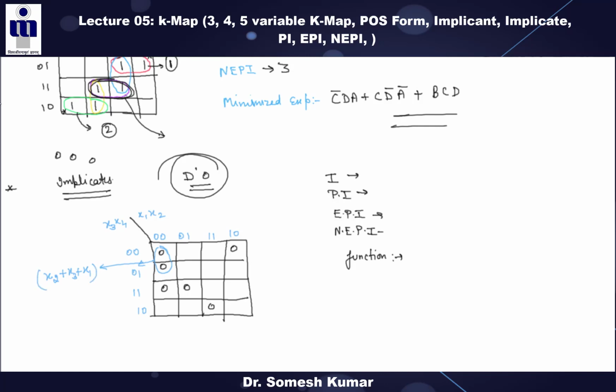Clear? Now, which one is the second possible pair? This one. What is the output from this? What is the next possible pair? Then what is the output from this? Right? What is the next possible?